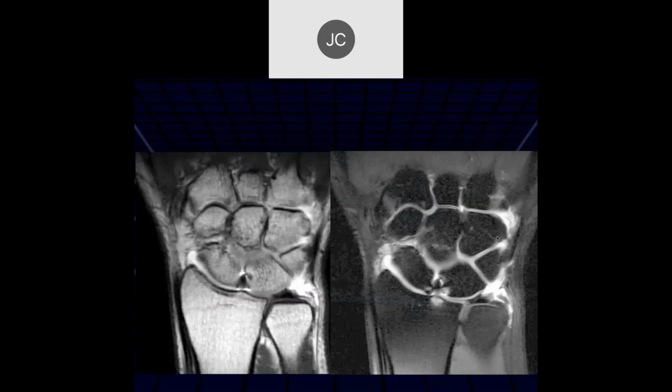All right. On the T1, I see a little convexity at the distal radius, with some edema on the fluid sensitive sequence, or cyst.